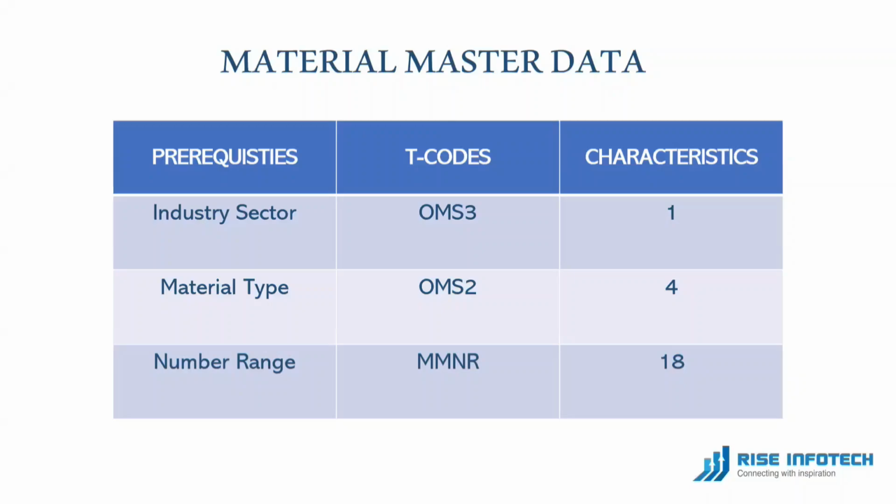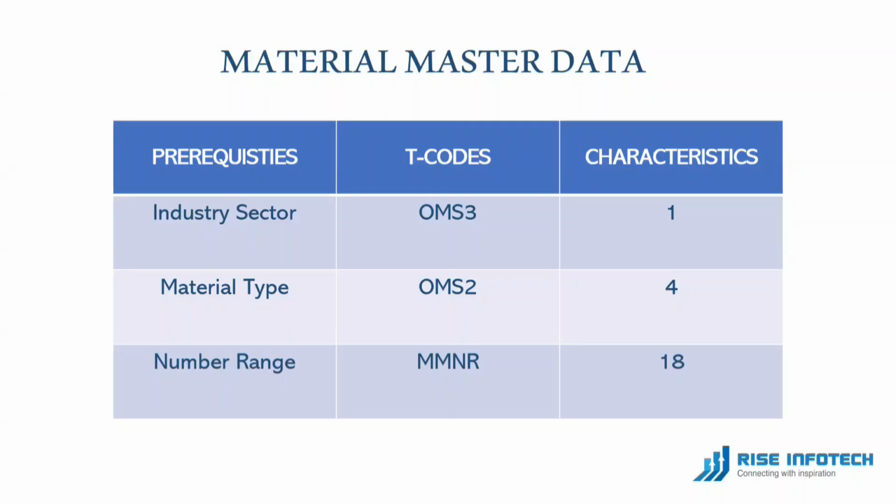And then the next one is material type. Material type is a key classification that determines the behavior and the management of a material within SAP. The T code was OMS2, and the characteristics was 4. Then the last one is number range.